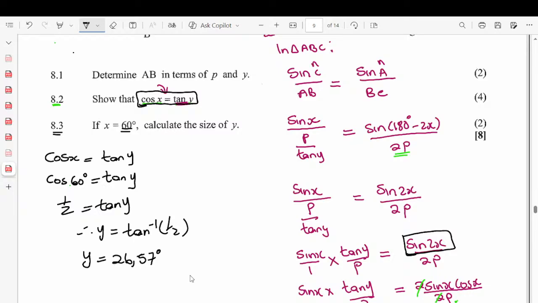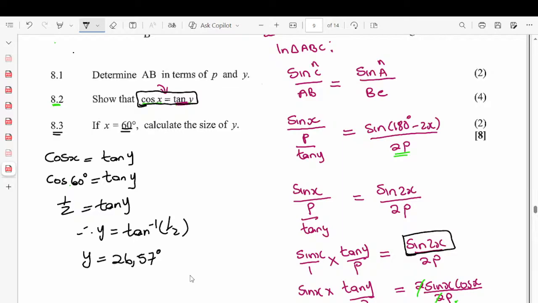Okay, I see there's a question. For 8.3, technically we didn't need to solve 8.2 to get 8.3, since the question was a proof question. Yes, even if you get 8.2 wrong, you still have a chance to work on 8.3 because it was a proof question.